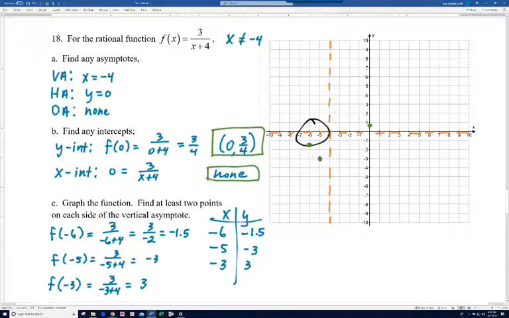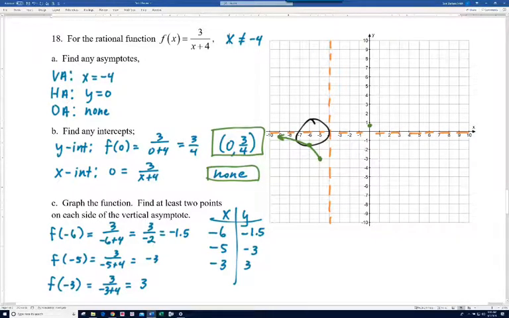So that really gives me all I need to know to draw the graph. I know that this graph is going to approach the horizontal asymptote on the ends. So as you go to the left here, it's going to look like that. And then going to the right, remember we can't cross a vertical asymptote.